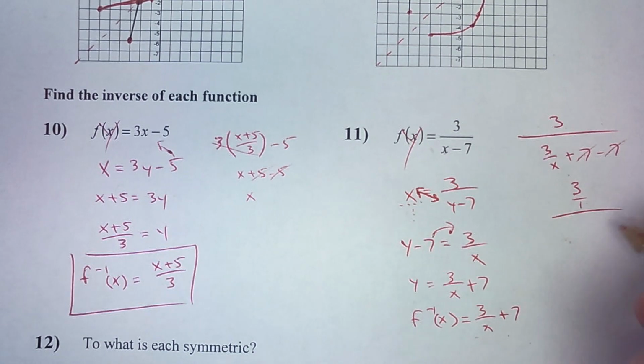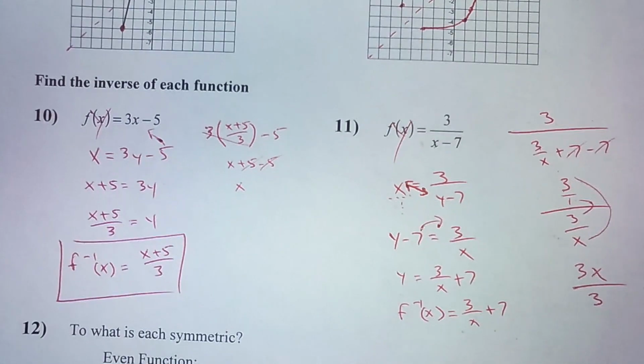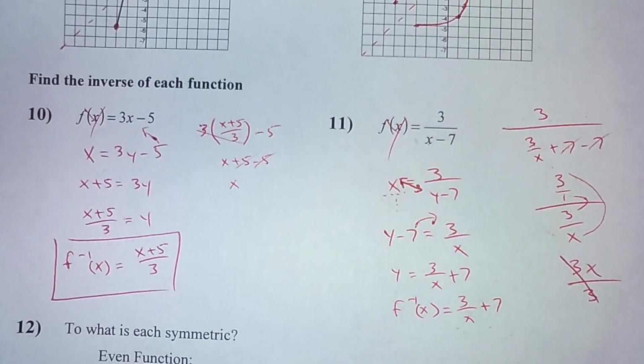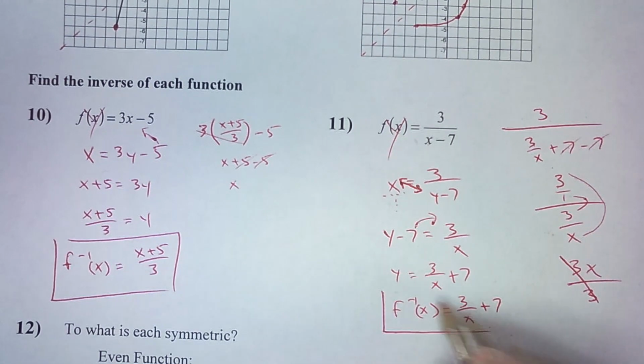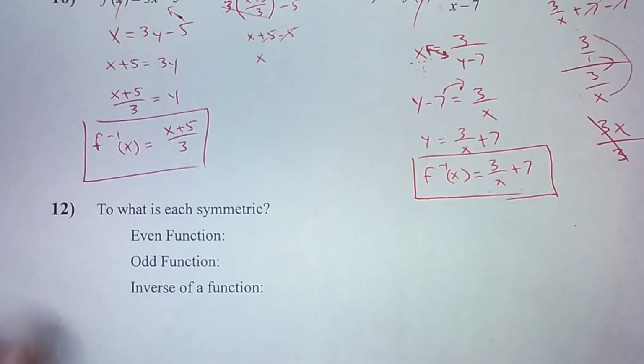So I've got 3, and I'm going to make that 3 over 1 over 3 over x. Okay, now I can do this outer loop. I multiply those, and that gives me 3x. That's the numerator. Inner loop gives me the denominator, 3 times 1. And the 3's cancel, and I'm down to just x. That tells me my inverse is correct.